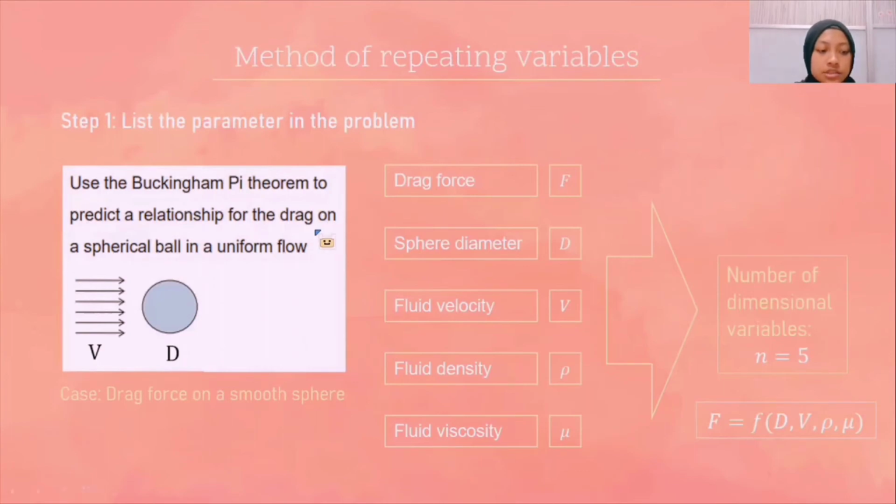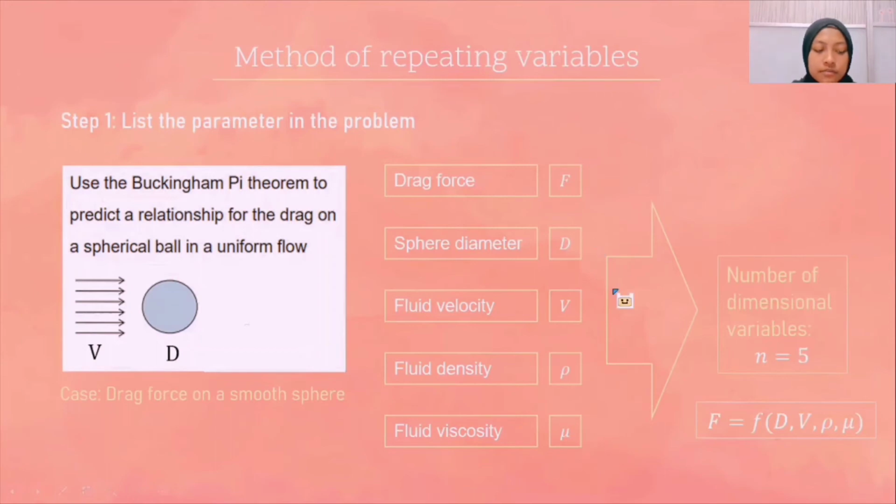As an illustration of the Buckingham Pi Theorem, let's take the case of drag force on a smooth sphere. Step 1 consists of listing the parameters in the problem. The drag force on a smooth sphere is mainly influenced by the sphere diameter d, fluid velocity v, fluid density rho, and fluid viscosity mu.